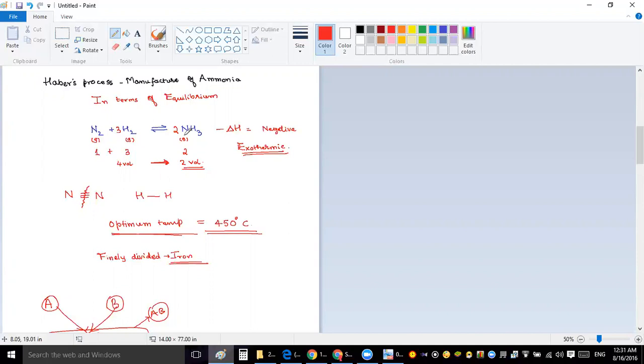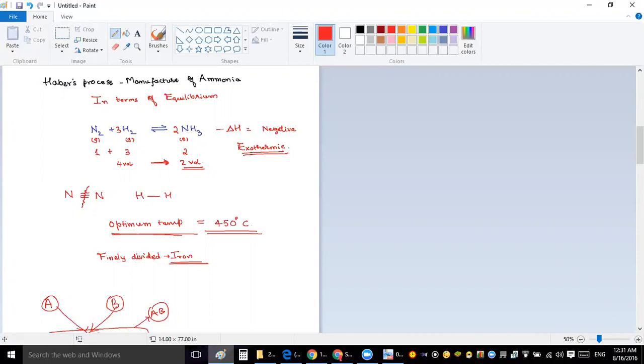And one more important point: don't always think that a catalyst is always going to speed up the reaction. There are some substances which act as negative catalysts also. It means if that substance is present, the reaction will be slowed down or will not take place at all. Such substances are called negative catalysts.